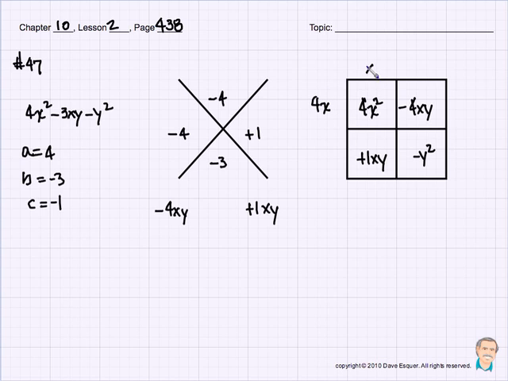We can factor out a 4x, leaving me with an x on the top, a minus y, and a plus y in the lower left. And our final check, plus y times a minus y is minus y squared. So the factors for this one are 4x plus y and x minus y.